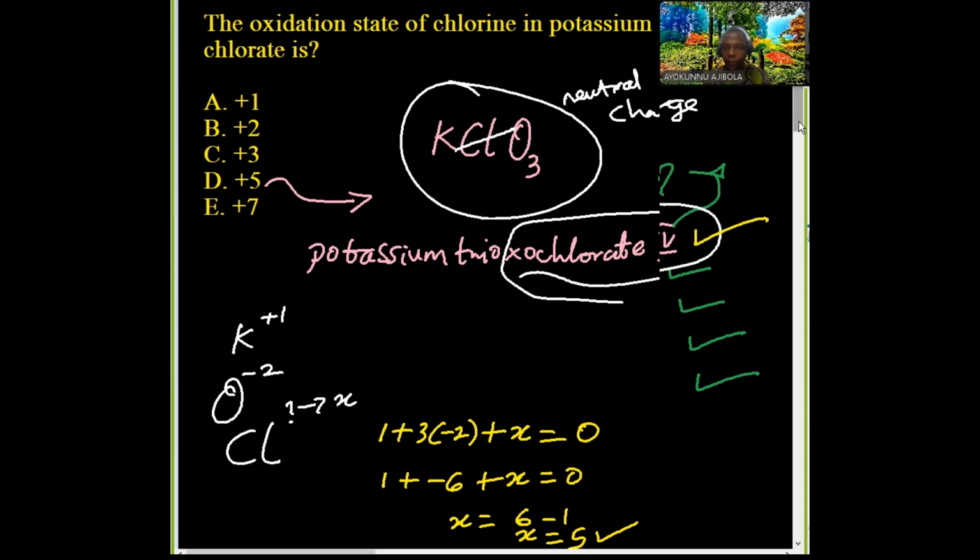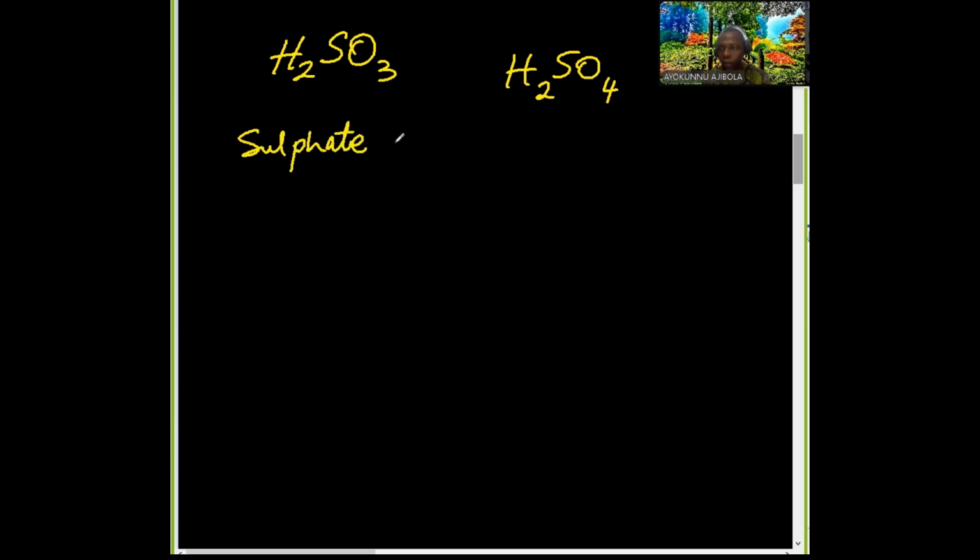For example, if they ask you to explain H2SO3 and H2SO4, to explain tetraoxosulfate what. You're going to use the same method. Hydrogen is positive 1.